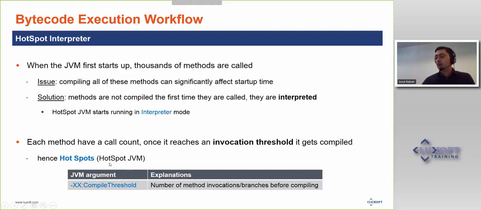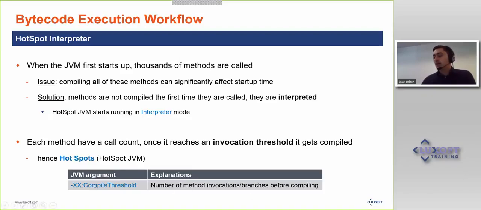That's why the JVM is called HotSpot: hotspots are mainly methods that are quite intensively used inside the JVM during the runtime. And the just-in-time compiler is focused only on those methods.